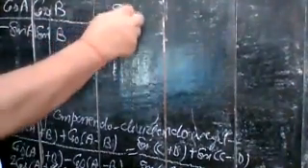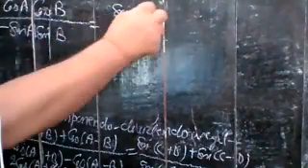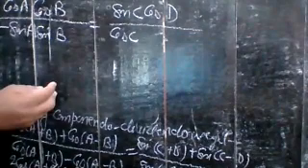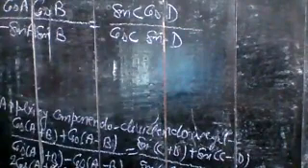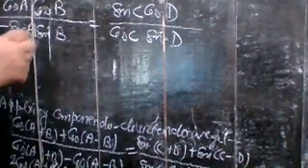So write cos A cos B upon minus sin A sin B is equal to sin C cos D upon cos C sin D. Okay, so here you have the terms in this way.